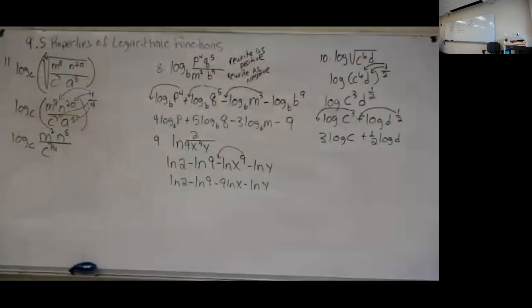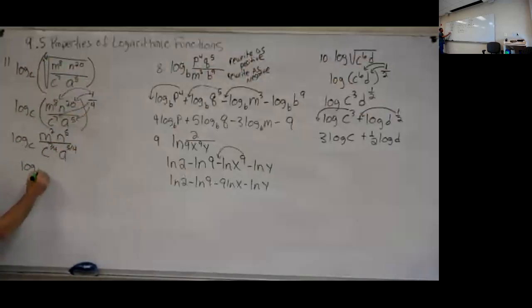And then the A, the same thing. That's going to stay A to the 5/4. So we haven't done anything yet but rewrite it out of that radical, y'all. Now, if it's on top, it's going to be added. If it's on bottom, it's going to be subtracted. Distribute log C to everybody.